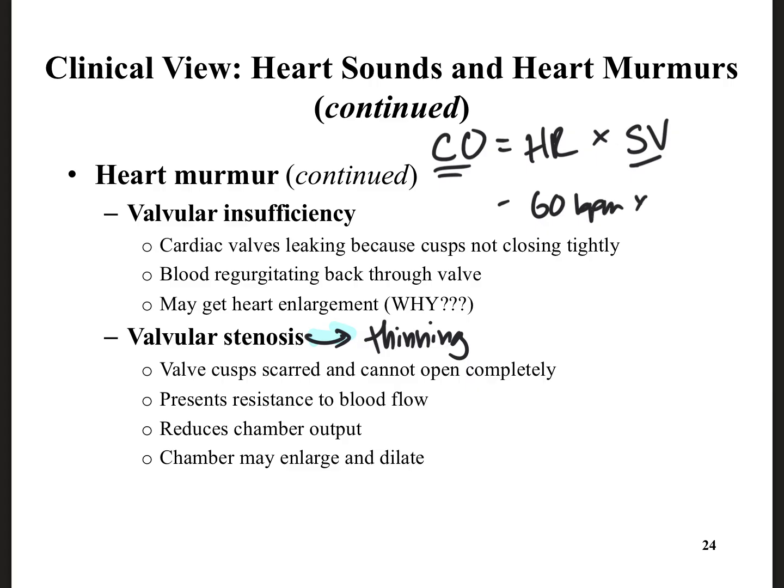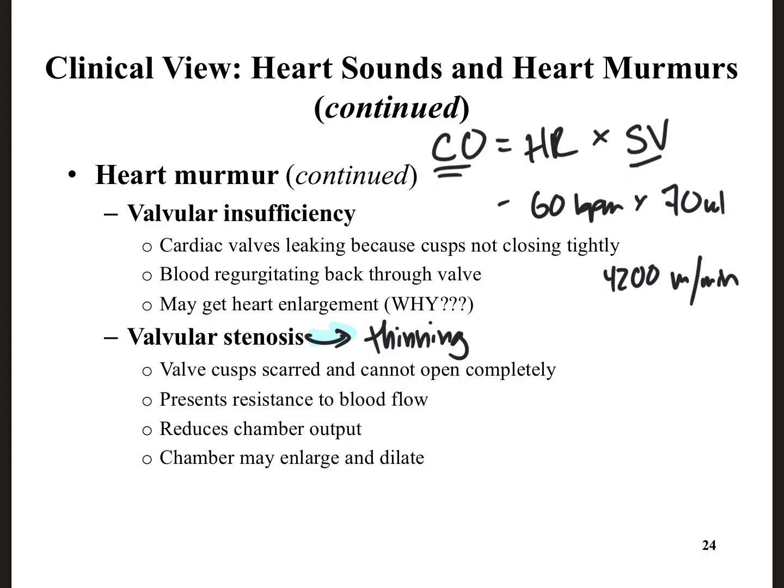And your stroke volume at rest is probably like 70 mL. So multiply those together, that's 4,200 milliliters per minute. 4 liters of blood through your heart every minute. That's at rest. That's the bare minimum your body needs at rest.